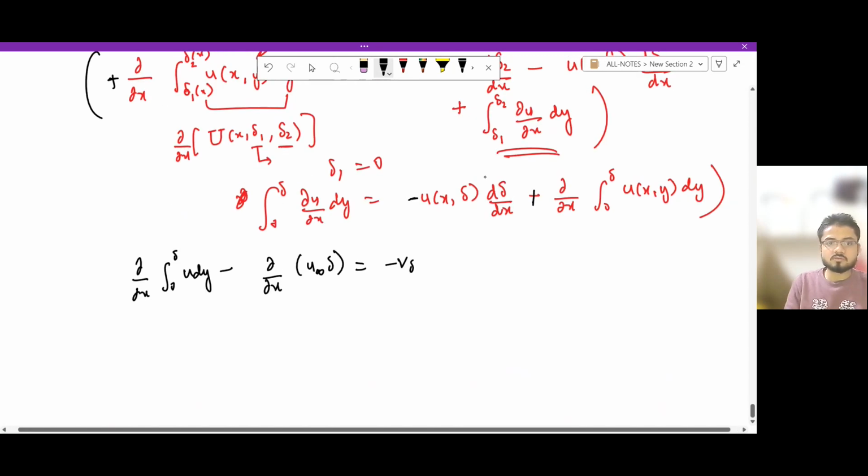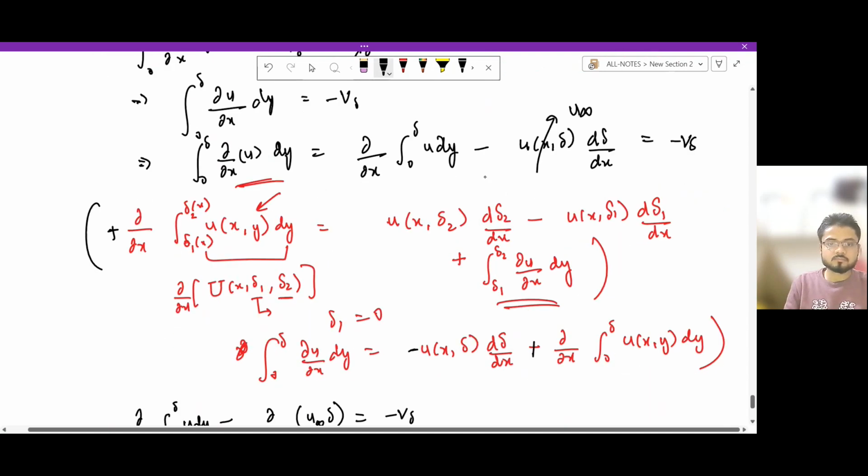This can further be written as del over del x integral 0 to infinity of u dy minus the integral 0 to infinity of u infinity dy, because this u infinity comes out and this entire thing becomes delta, equal to minus v delta.